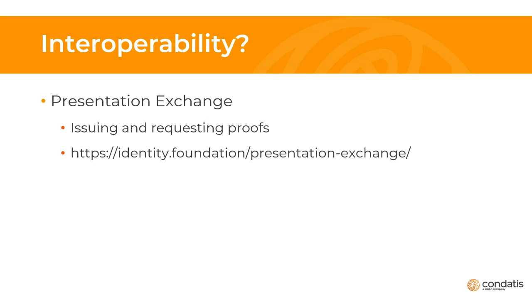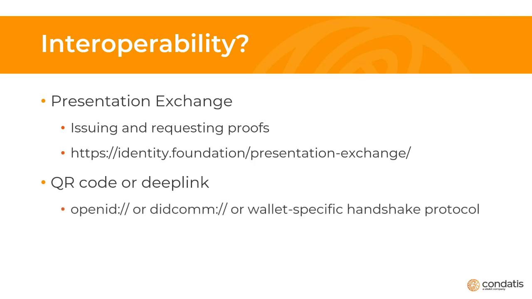In order to further support interoperability, Condatis are working on developing a handshake protocol, which will allow a wallet to specify what protocol it supports when handling the initial issuance or proof request when calling back to an agent. The wallet starts the process by scanning a QR code or using a deep link which contains a URL and a request URI parameter.